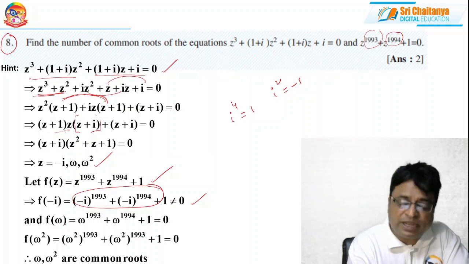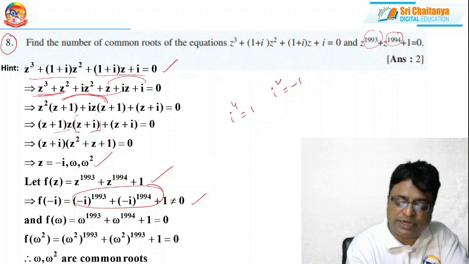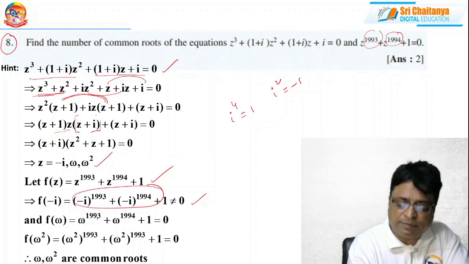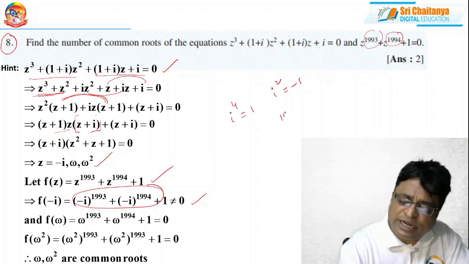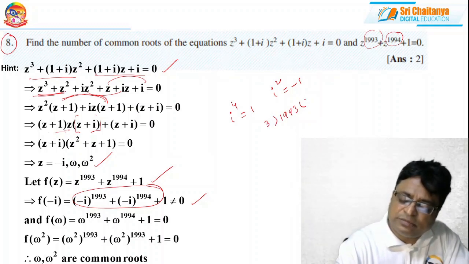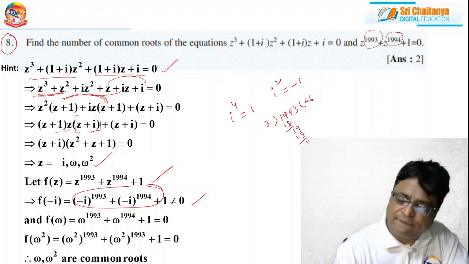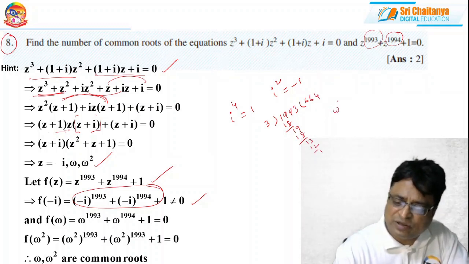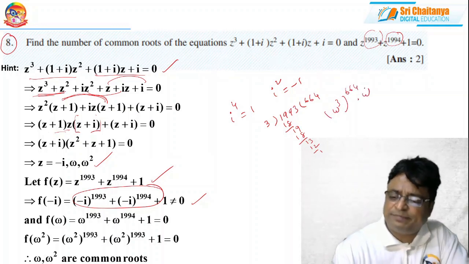But f of omega is substituted now, replace z with omega. This is omega power 1993 plus omega whole power 1994 plus 1. After simplification of omega power 1993, 1993 divided by 3, I can write this as omega cube whole power 664 into omega.